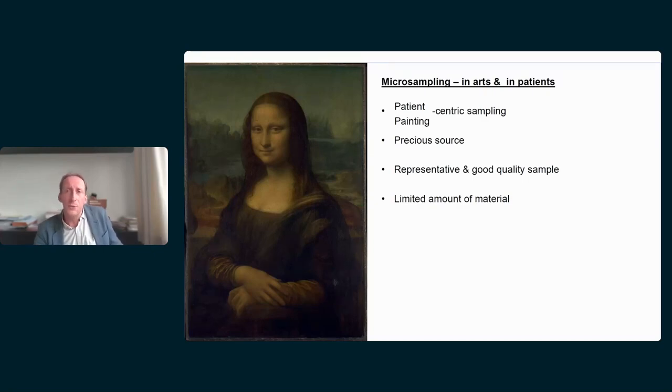Think about newborns, for instance, or think about patients in which we need really frequent sampling. Hence, microsampling can really be considered an advantage. However, at the same moment, microsampling may also pose a disadvantage or a challenge, as it's really a micro sample, with only a very limited amount of material being available.